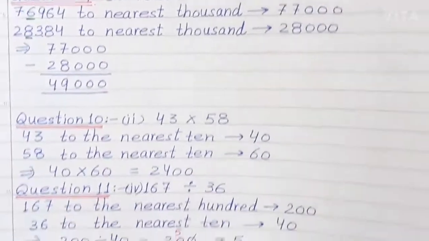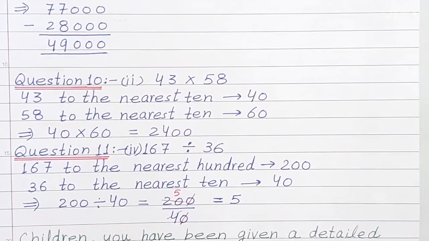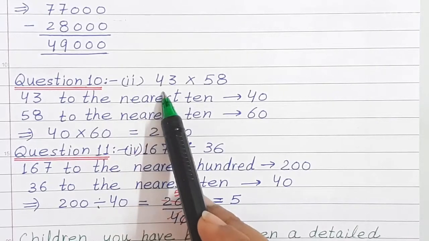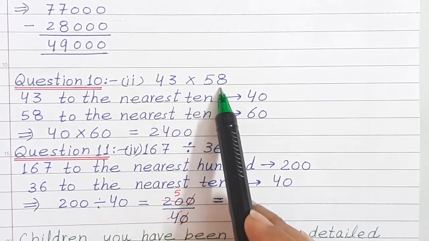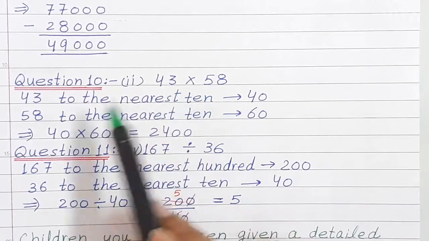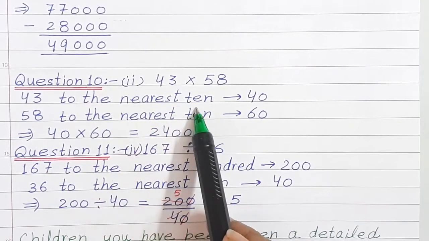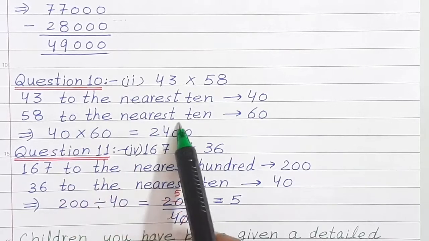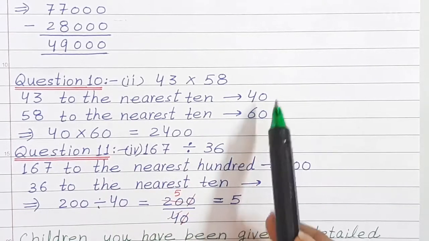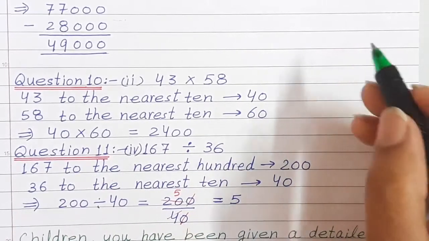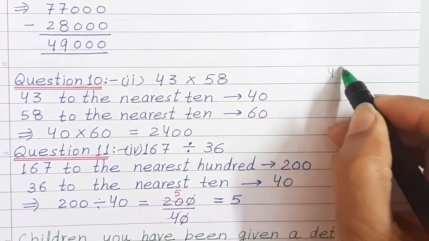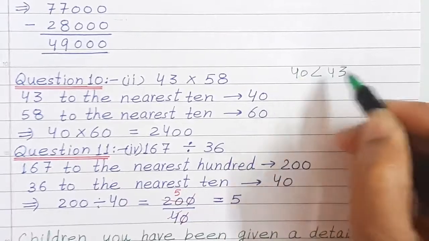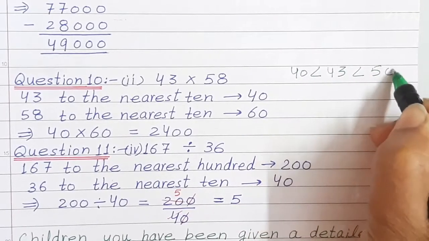Question number 10 is, we have to multiply 43 by 58. Now 43 to the nearest 10 is 40 and 58 to the nearest 10 is 60. Why so? You can see that 43 is lying between 40 and 50.